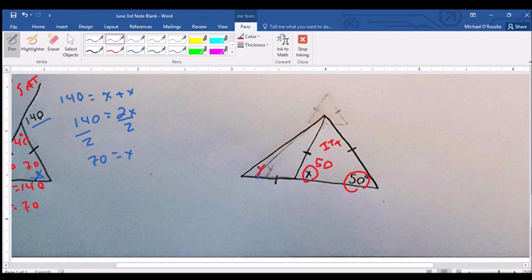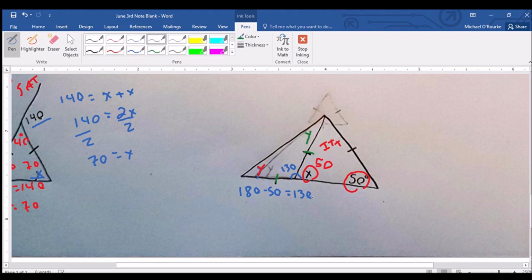Now, I can't get over there right away, but I can find this straight line. I could make this a straight line and find this one, which would be 180 minus 50, which equals 130. So that's 130. Now I have an isosceles triangle again, right? So this end is equal to this one.